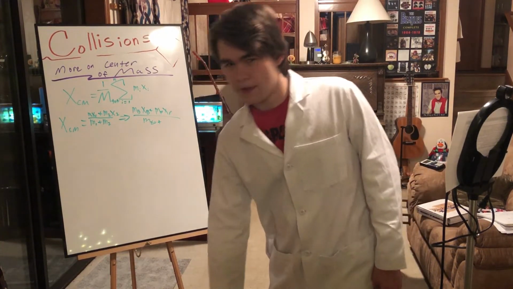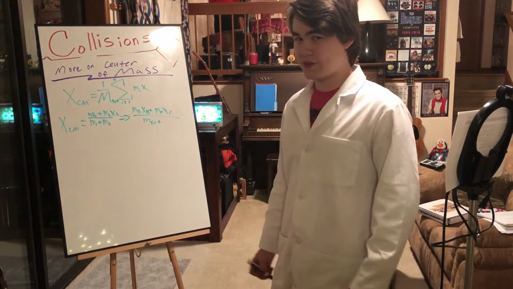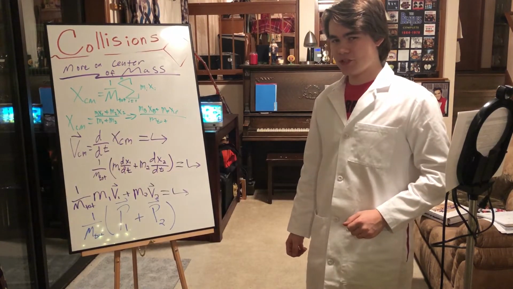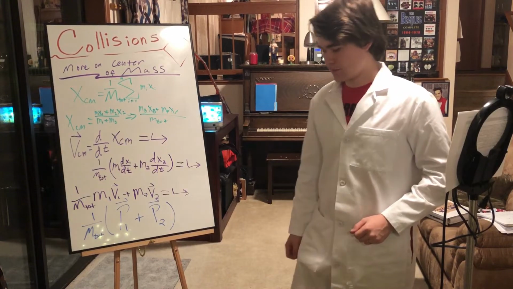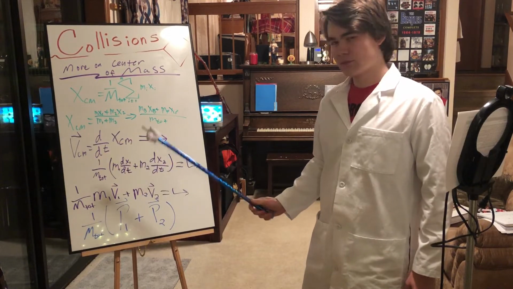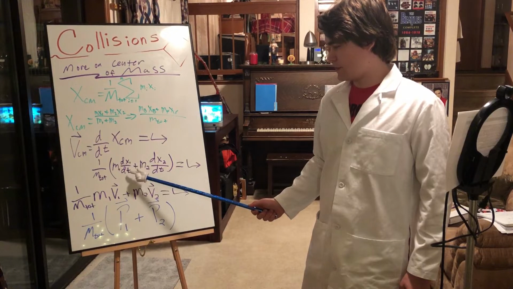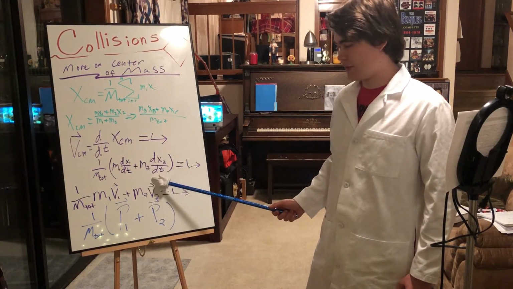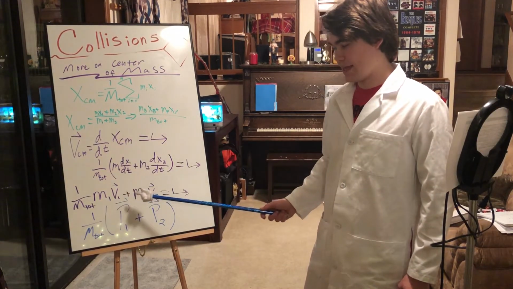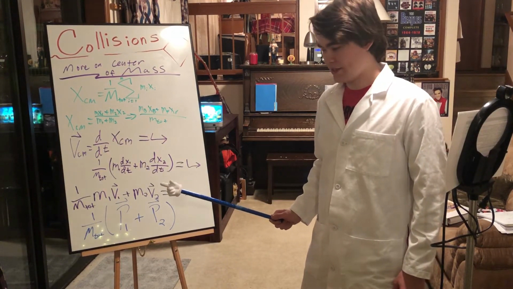Now going back to 2D and 3D motion, and those basic kinematics, and knowing that the derivative of position, the change in position over time, is velocity, we can differentiate each term: mass 1 times the derivative of its position plus mass 2 times the derivative of its position over total mass will be equal to m1v1 plus m2v2 over total mass, and mass times velocity, as we just learned, is momentum.